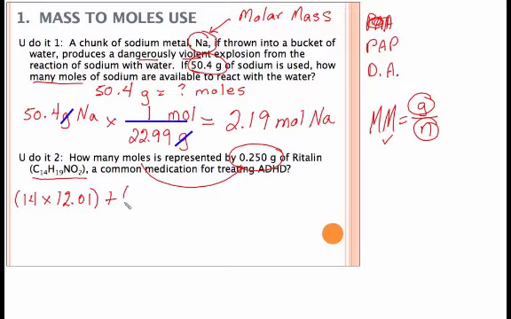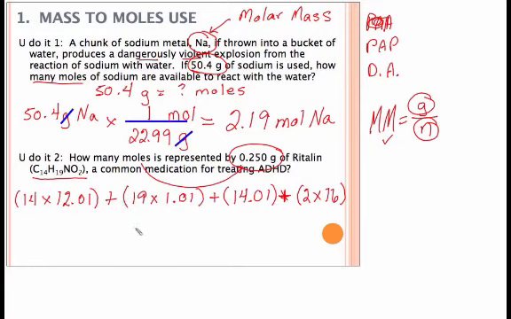I'm going to take our molar masses to 2 decimal places. I have 19 hydrogens times 1.01. Please don't round here. We're going to come to some problems where if you round too much, it can really throw off your process and make it much more complicated than it needs to be.